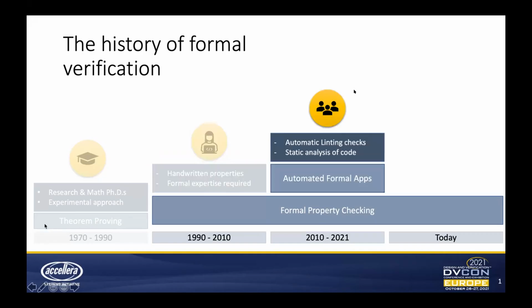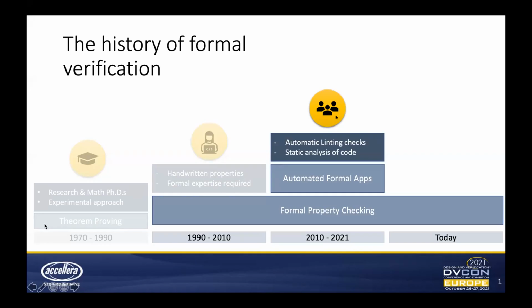That changed when the formal companies started trying to bring more formal to the field by having automated formal apps. I think there's quite a bunch out there now. Almost all big vendors have some formal automated apps of some sort. They did a great job at widening the audience that could use formal without really understanding what's going on under the hood and without the need to write the properties.